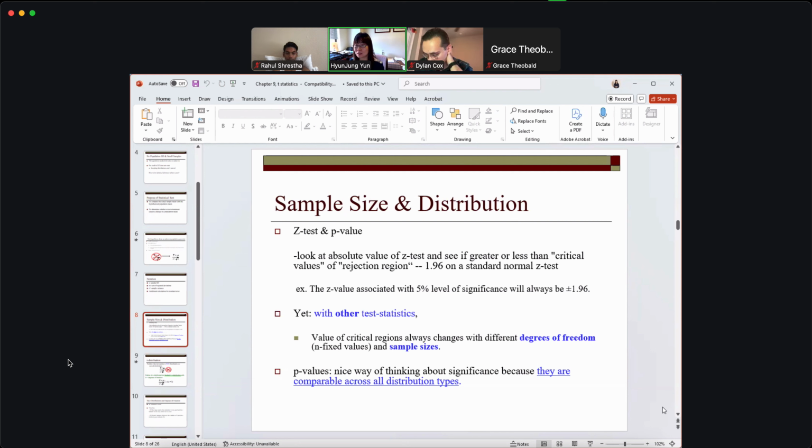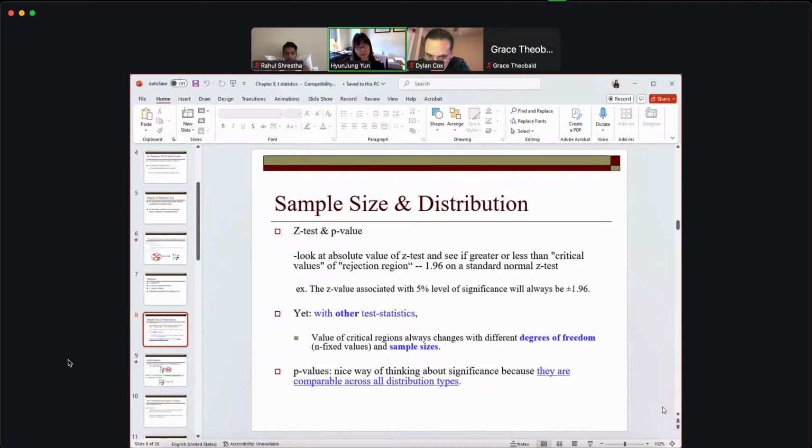So what if we have only 5 cases? What if we only have 7 cases? That's the t-test. The t-test and the corresponding p-value change by sample size, especially degrees of freedom.